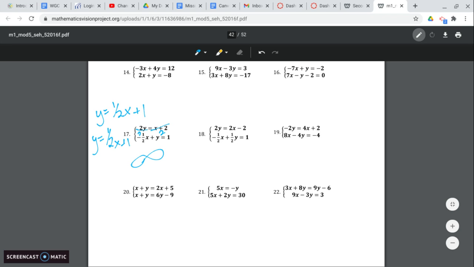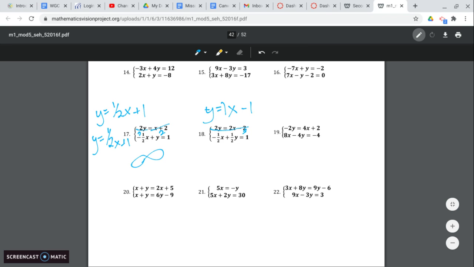All right, our next one here. These two also look fairly similar, except one's got all 2's, the other has all halves. So if we divide everything in the first one by 2, we'd end up with y equals 1x minus 1.